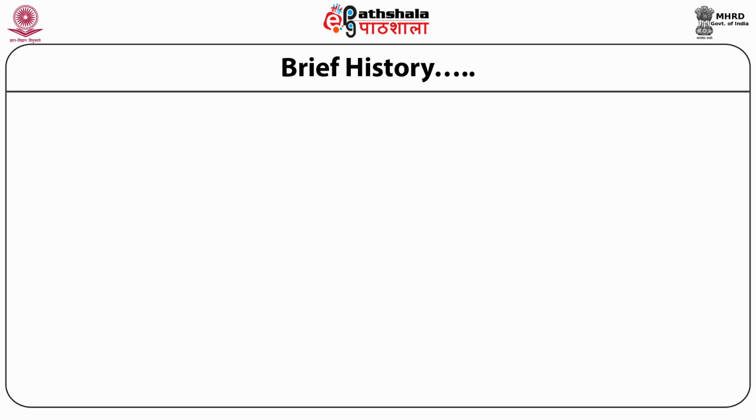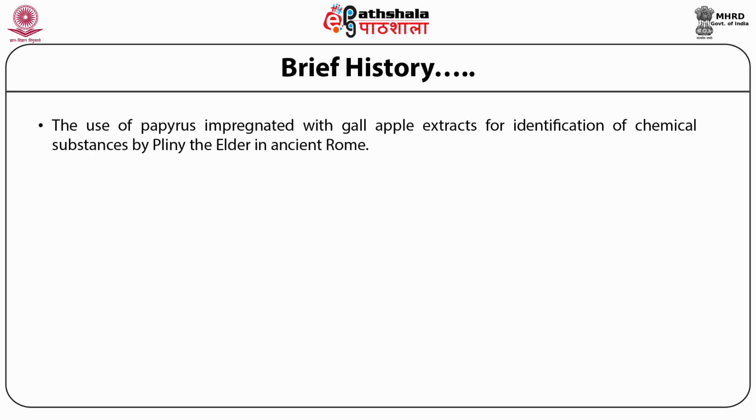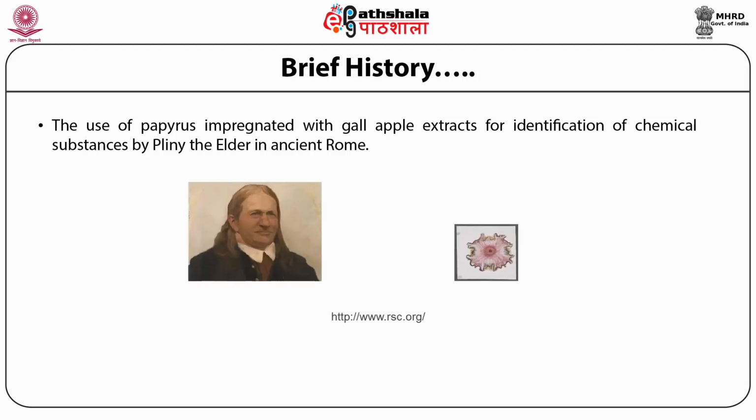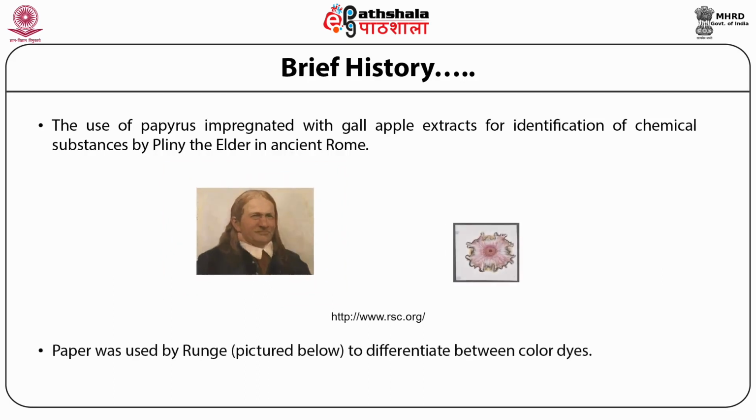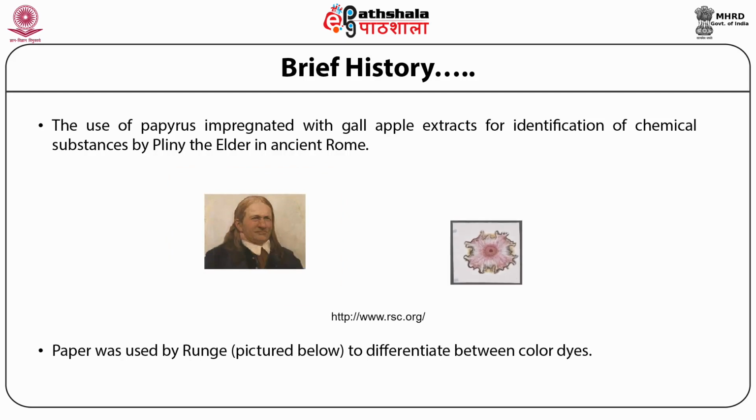However, as far as paper chromatography or planar chromatography is concerned, as far back as Pliny the Elder, there were methods that he used to detect iron sulfate in copper acetate using papyrus. Of course, he did not term it as paper chromatography, but this technique was being used to distinguish between compounds. However, modern paper chromatography began with Runge, whose photograph is on the slide, and who used paper to differentiate between colored dyes. The picture illustrates one of his experiments.